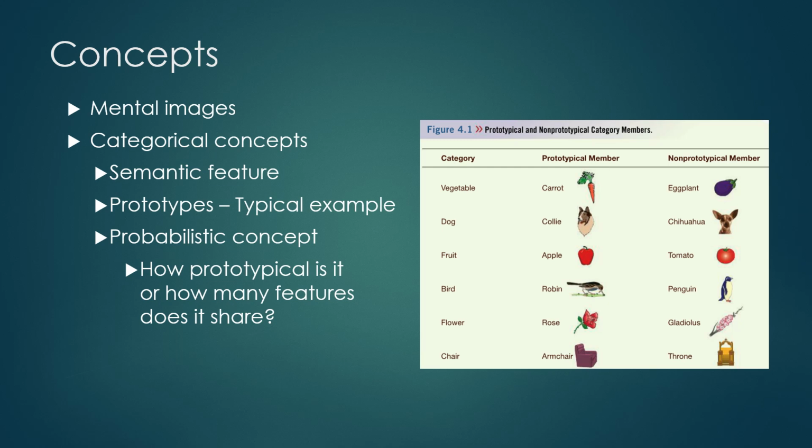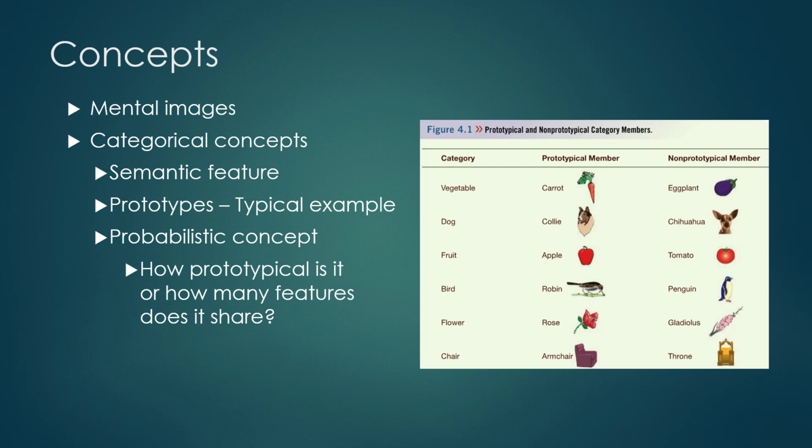You would be less likely to think of a penguin right away when I said bird. That's because a penguin is a less prototypical example of a bird. It shares fewer features with the larger group of birds. It does not fly or sing or sit in trees, but it does lay eggs.